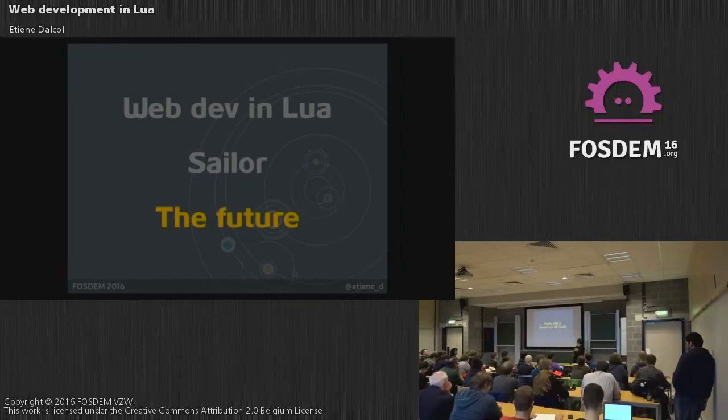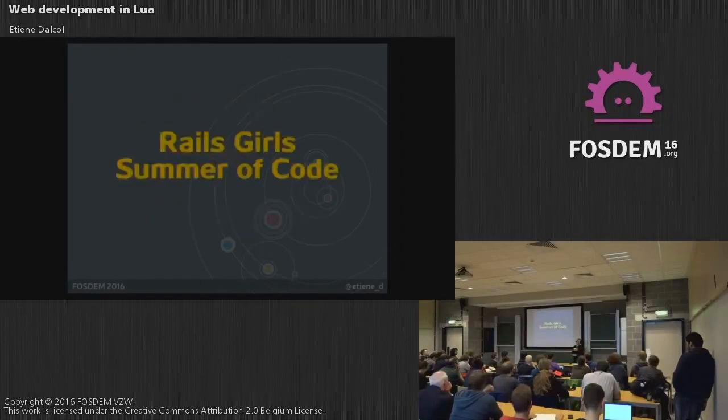So one of the things I was thinking was applying Sailor to Rails Girls Summer of Code. It is not as contradictory as it seems, because Rails Girls is obviously a group from the Ruby on Rails community, but this project is actually open to people from all languages, so there is no issue with me applying a Lua project to it.